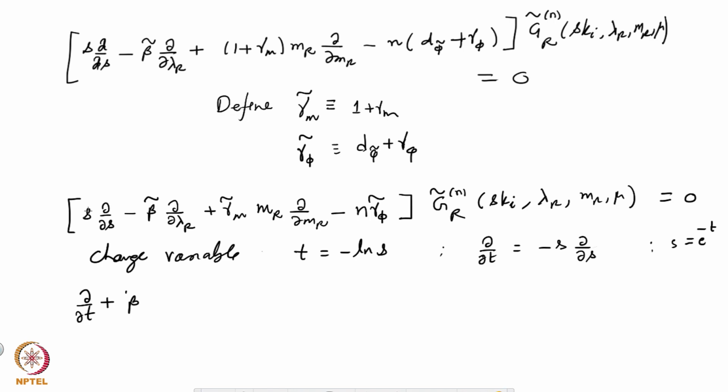This will give you minus S del over del S, but minus S del over del S is del over del T. That is what I have written here. And because I have multiplied by a minus sign overall, this changes the sign. So it's beta tilde delta over delta lambda R. This changes sign, and this also changes sign.